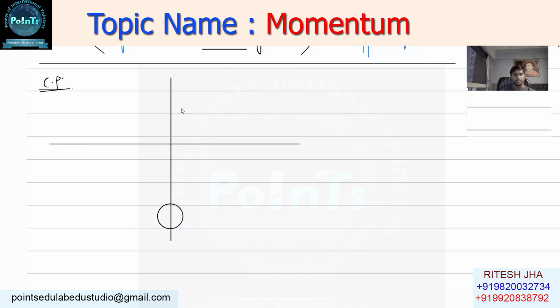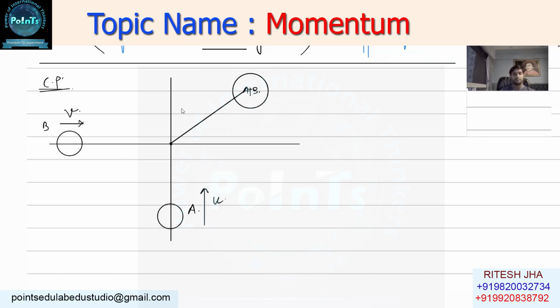Basically, you have a block A, which is moving in this particular direction with U, and block B, which is moving in this particular direction with V. At this particular point, they meet. They are coming from a certain distance, they're going to collide, and they basically fuse to form a combined sphere, a bigger sphere, which is A plus B. Then they start moving in this particular diagonal direction.